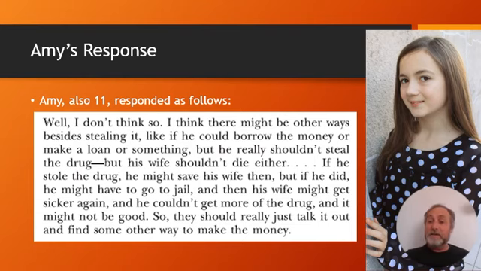So Amy's response, very different, a child of the same age as Jake. I don't see any universal moral principles being cited. She, in a way, kind of refuses to play the game. So even though Kohlberg stipulates that the pharmacist will not make a deal, she says, well, come on, there's got to be a way to make a deal here.